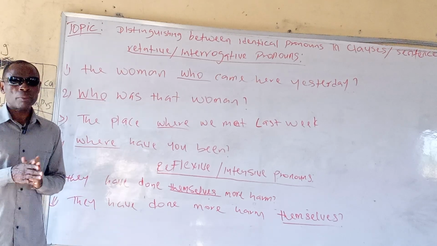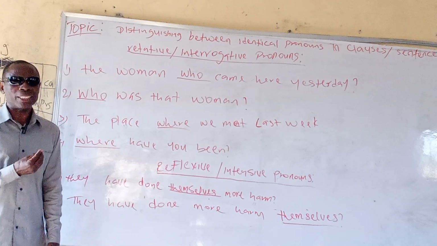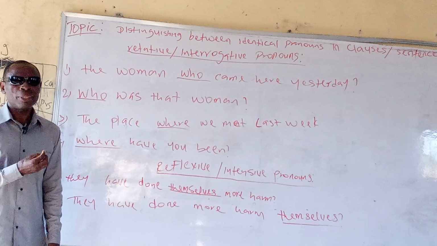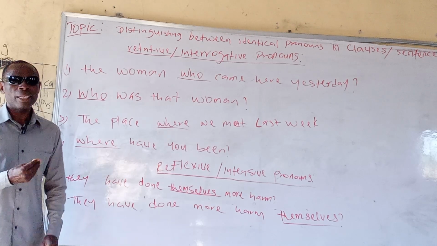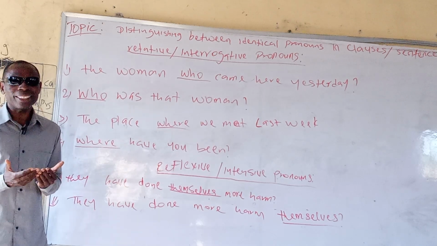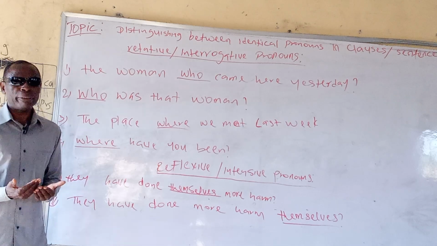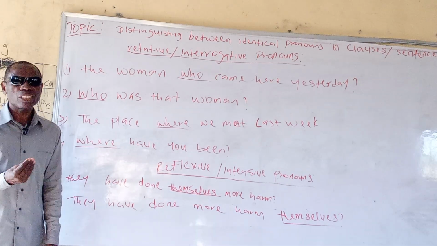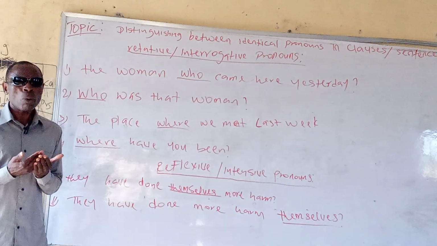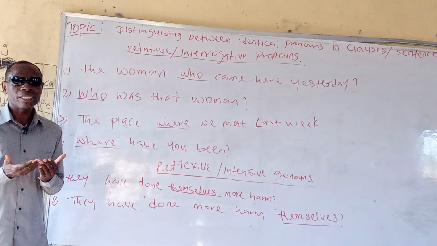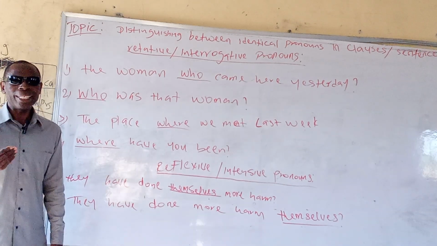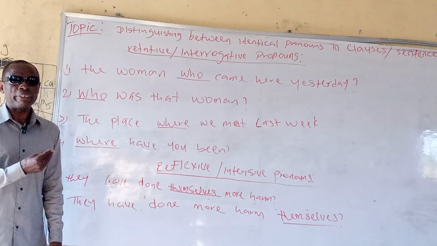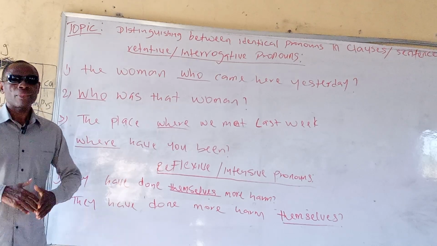The answer is no. Is it emphasizing the fact that the subject of the verb is the actual doer of the action mentioned in the sentence? Yes. Therefore, its grammatical name is intensive pronoun. What is its grammatical function? It emphasizes the subject or the verb have done.